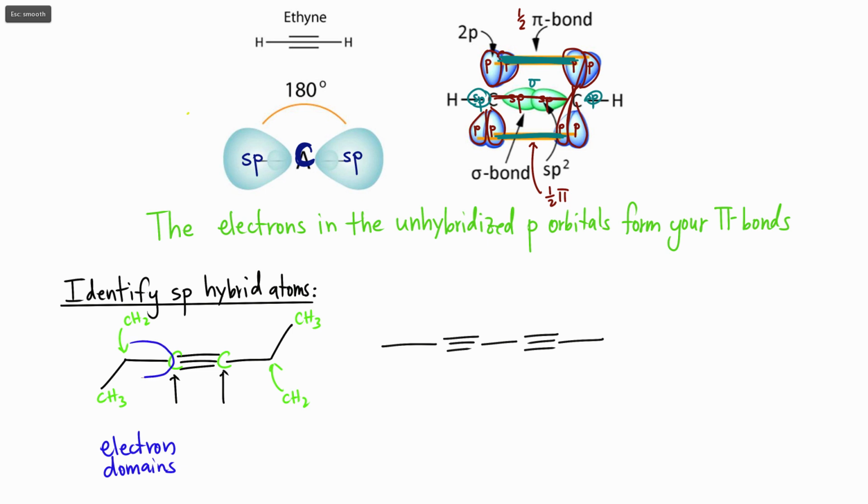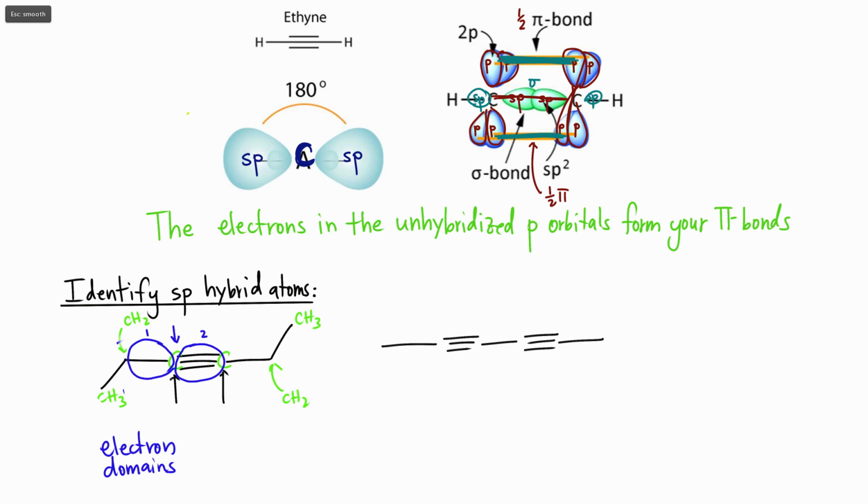So this carbon has one electron group, I shouldn't circle that. I should circle this. That's one electron group.